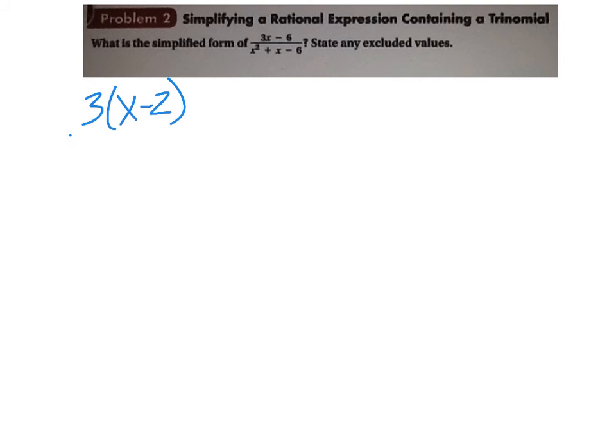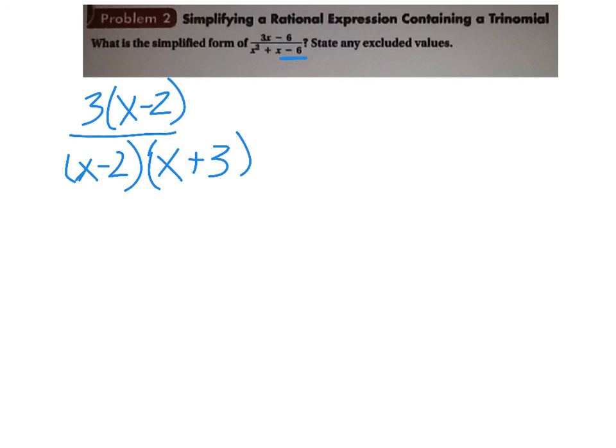So then when I go to the bottom, I'm kind of already thinking that one of my factored binomials will be x minus 2. So if I know that one is x minus 2, it makes it a little bit easier to figure out the other one because there's only one value when you multiply it by negative 2 that it becomes a negative 6, which is 3.